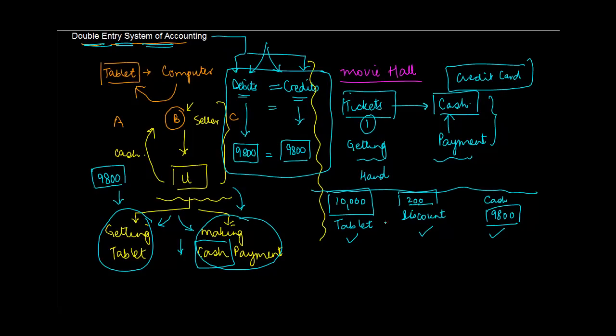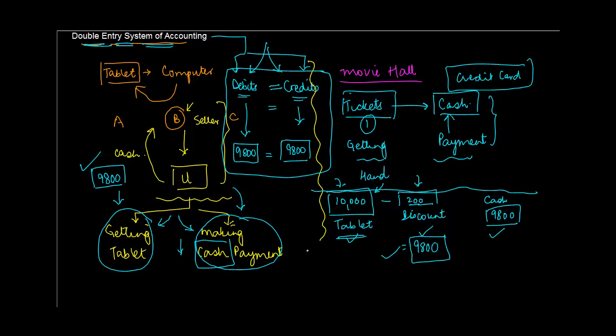You can either say, okay, the tablet cost, MRP was 10,000, but I got it for 10,000 minus 200, or 9,800. So I will debit it by this number only. Or you can say, I got this special discount, my asset is worth rupees 10,000 only.